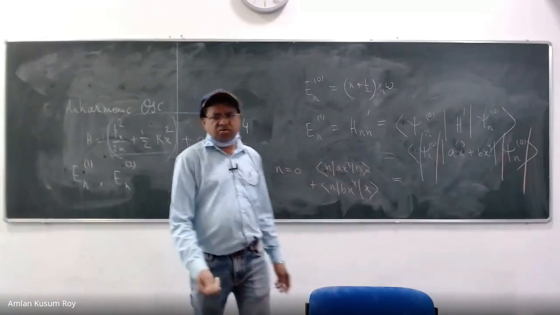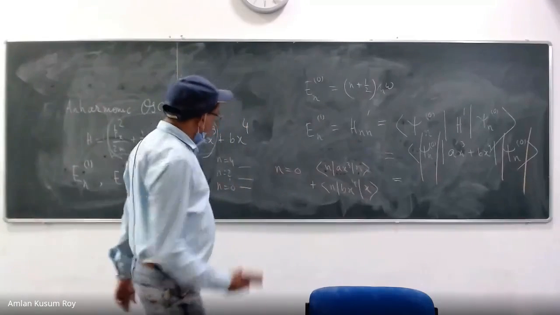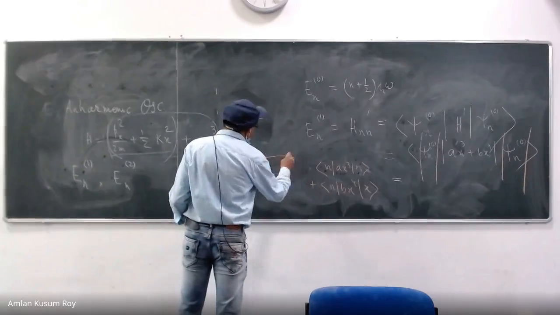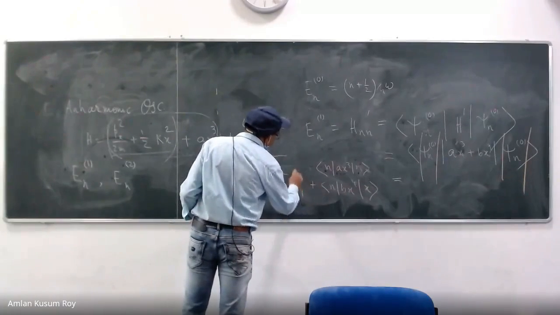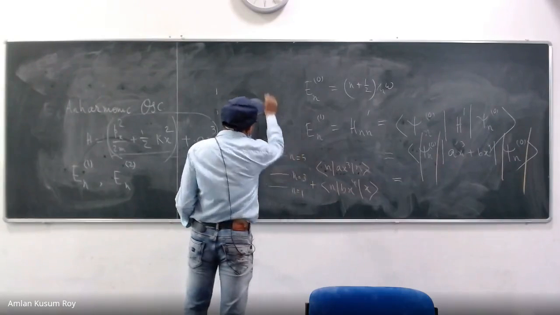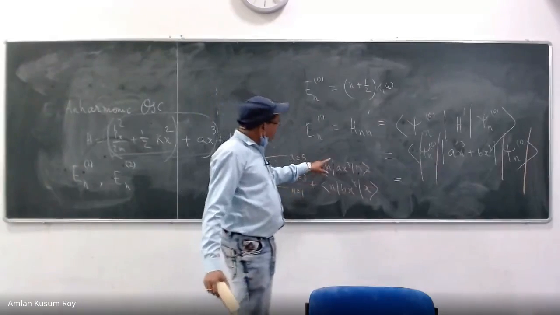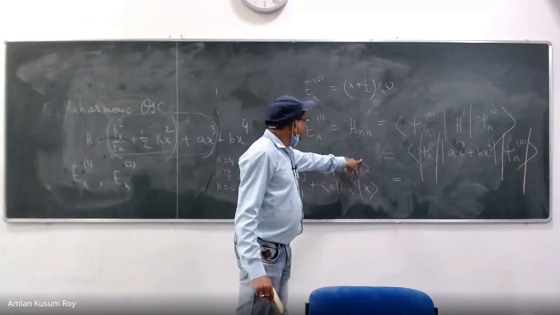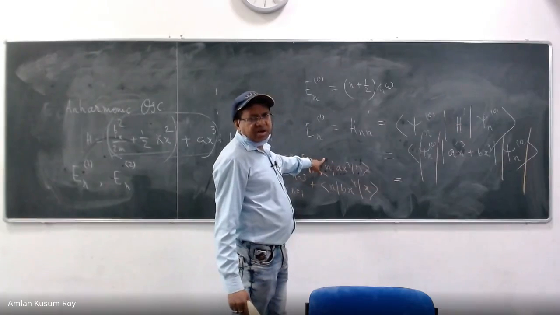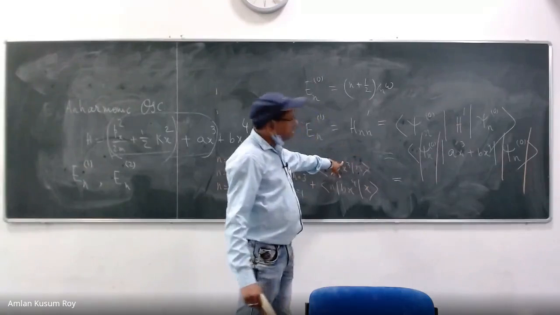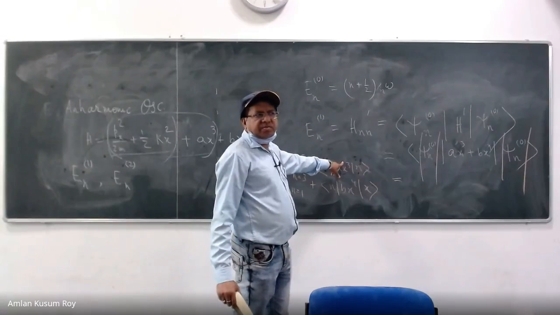Now I want to do it for odd states. What will happen for n is equal to 1, 3, 5, etc.? This is an even function. This is an odd function. This is an odd function. Odd function, odd function, right? But eventually you get an even function. But this one is always making it odd, right?